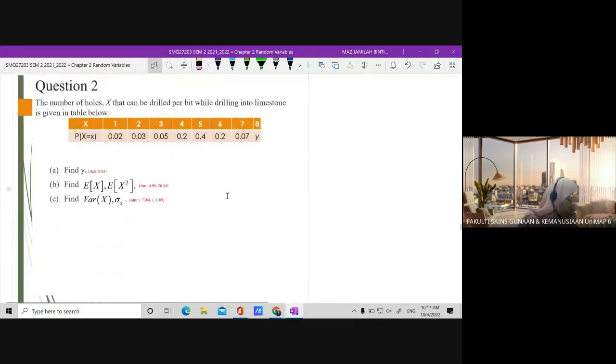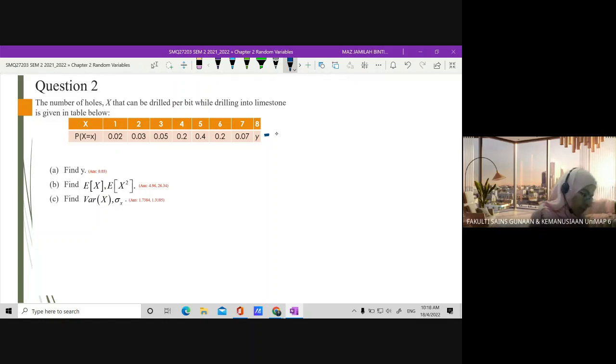I think this one, okay, is kind of interesting to solve. Can you try this, class? Find y. What is y here first? Y equal to what?